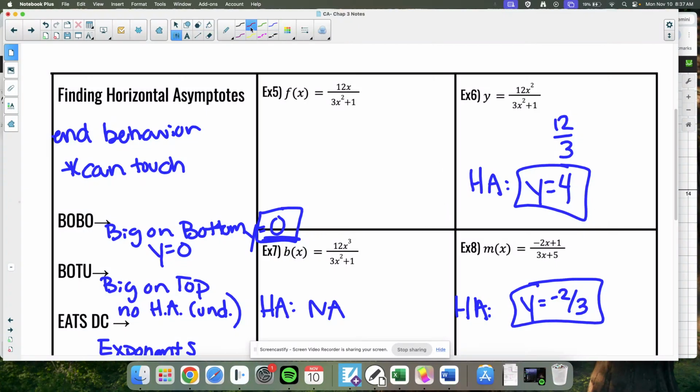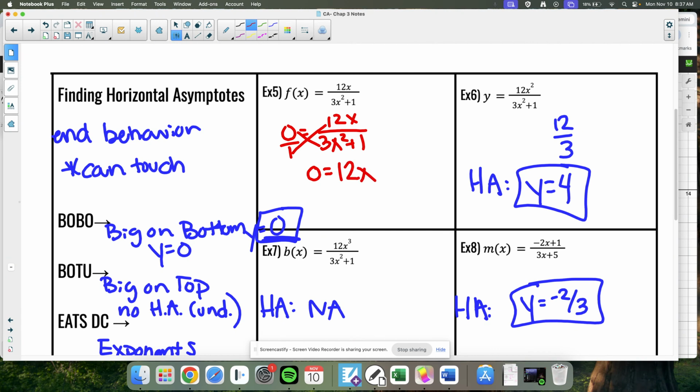We're just going to do one of these for the sake of time. If I want to know, does this function ever touch its horizontal asymptote? I'm just going to set it equal to that. If a fraction is going to equal 0, what part of the fraction equals 0, the top or the bottom? The top. Technically, you could think of this as cross multiplying, where 0 times that equals 0, 1 times 12x equals 12x.